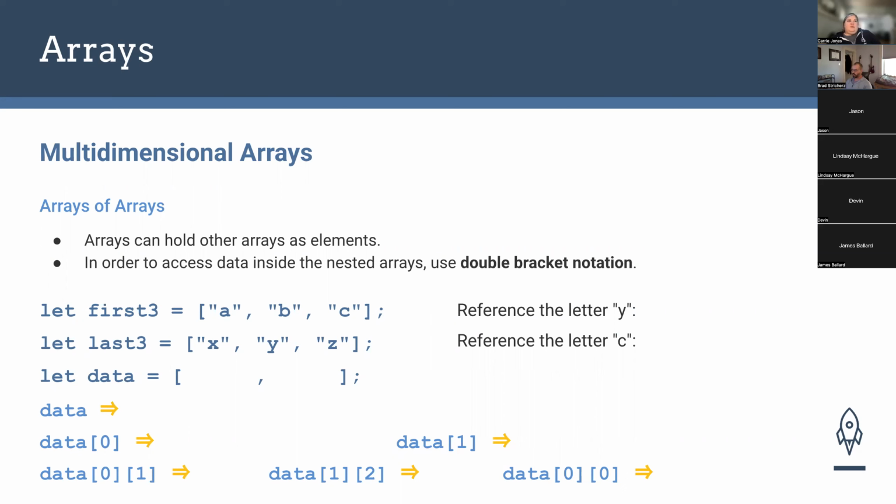So the first thing I want to do is place these arrays inside a bigger array. So how would I do that? What do I put here and here, given what I've already coded?